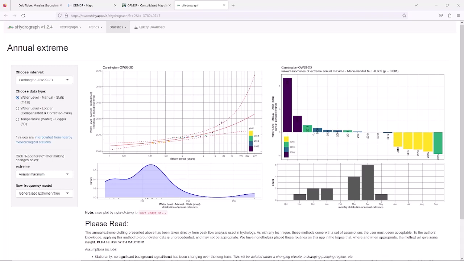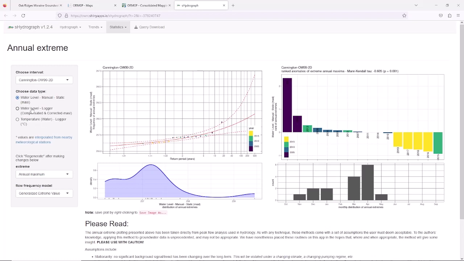So what this allows us to see is that the earlier years, shown in purple and blue, tend to plot above the mean, whereas the later years, shown in yellow and green, tend to plot below the mean. So there appears to be this trend of decreasing water levels at this deep location. There's also a quick summary of the Mann-Kendall value here, minus 0.6, which indicates that in fact there is a decrease in the water levels over time at this location.